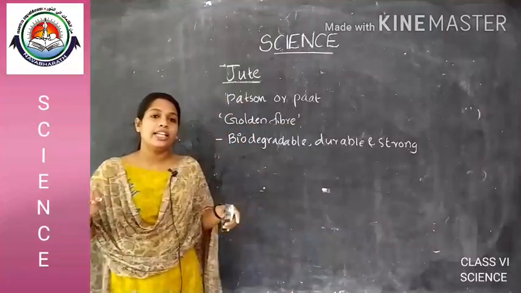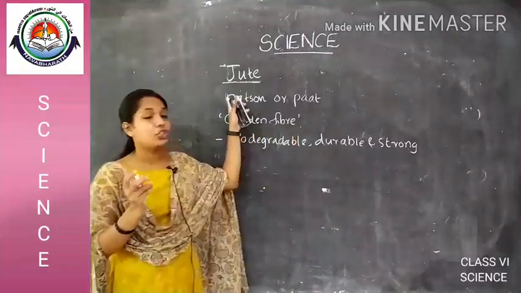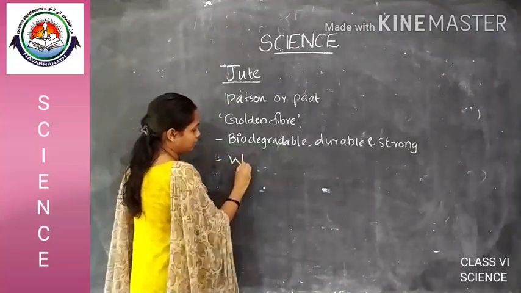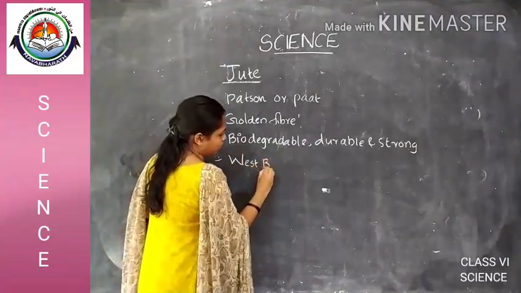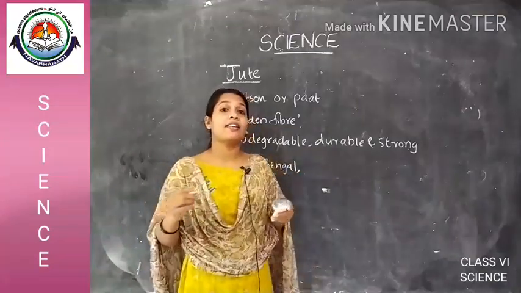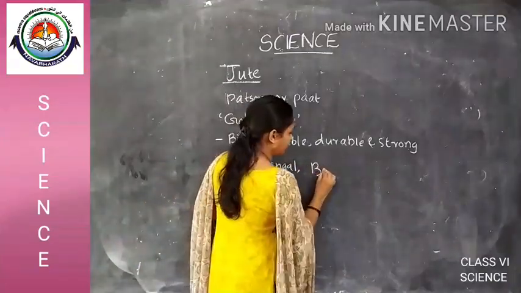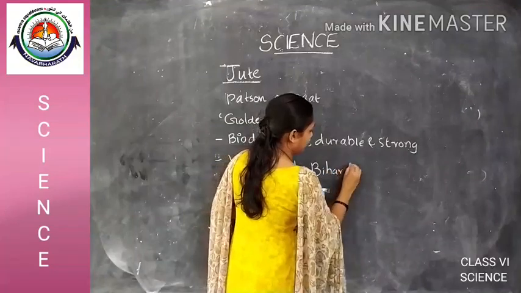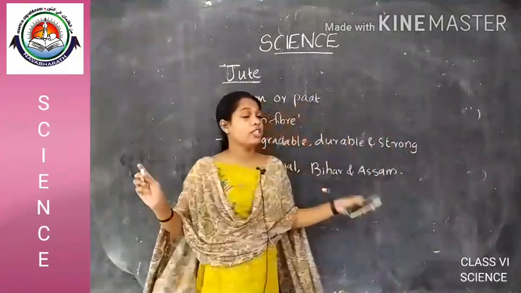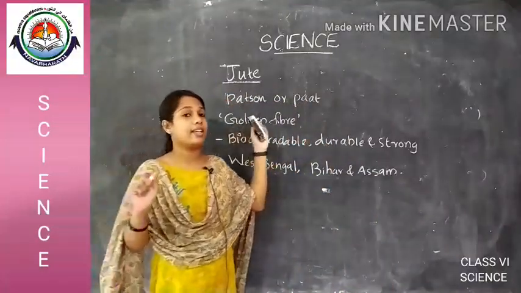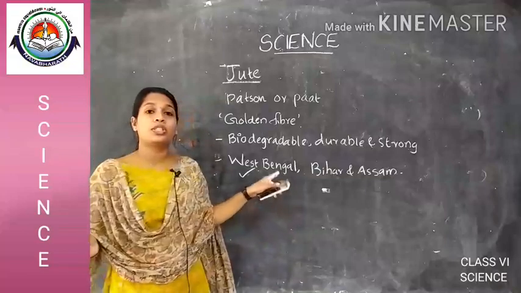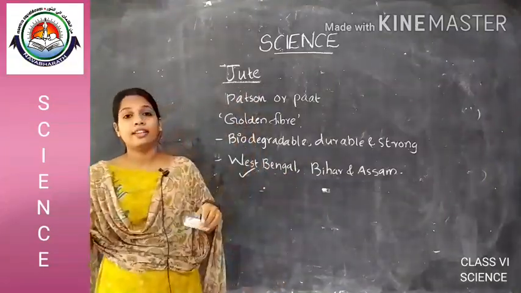In our country, there are many places in which jute is cultivated. West Bengal, then Bihar and Assam are the places in which jute is cultivated in India. West Bengal is the largest producer of jute in India.